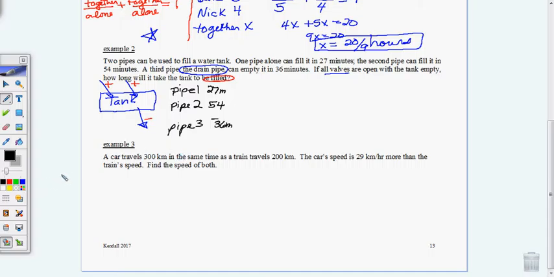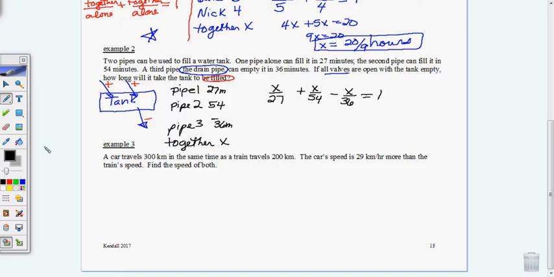So together over alone equals one job being done. I don't have a together time, so I call that x. So I get x over 27 plus x over 54, minus x over 36, equals one job being done. Again, this is because it's emptying, not filling.